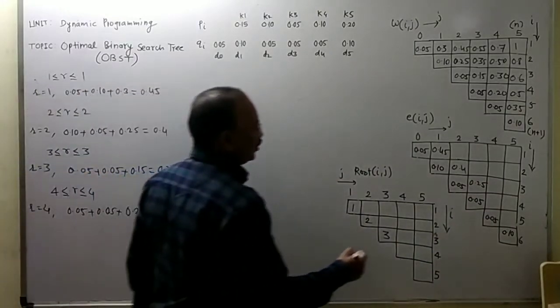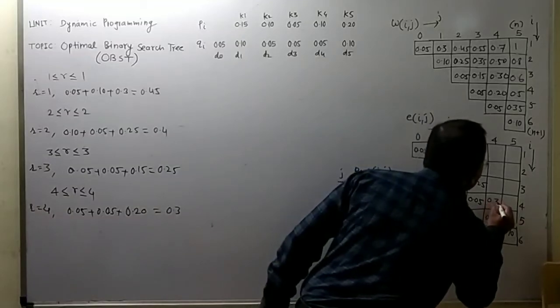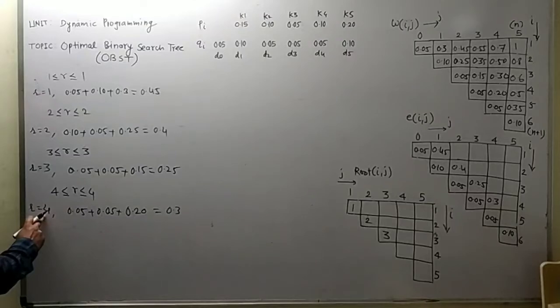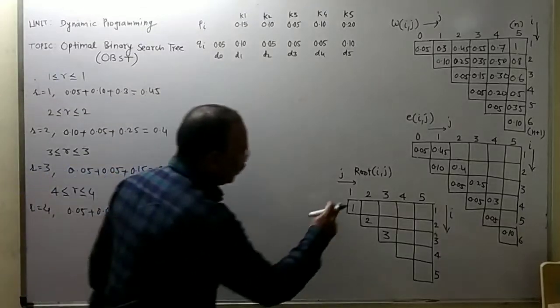So write 0.3 and we have got 0.3 for R is equal to 4. Then write R is equal to 4 at 4 location in root table.